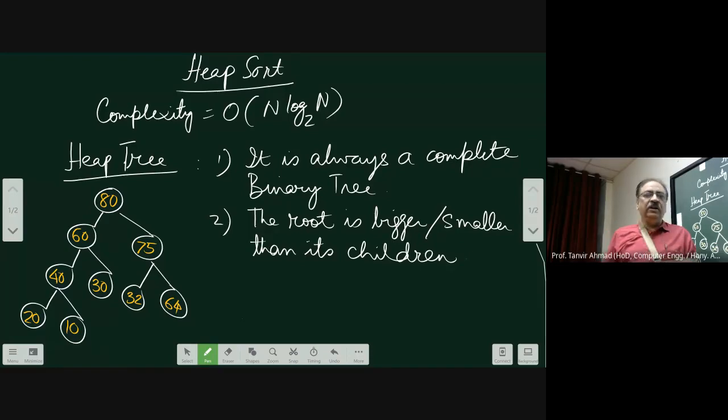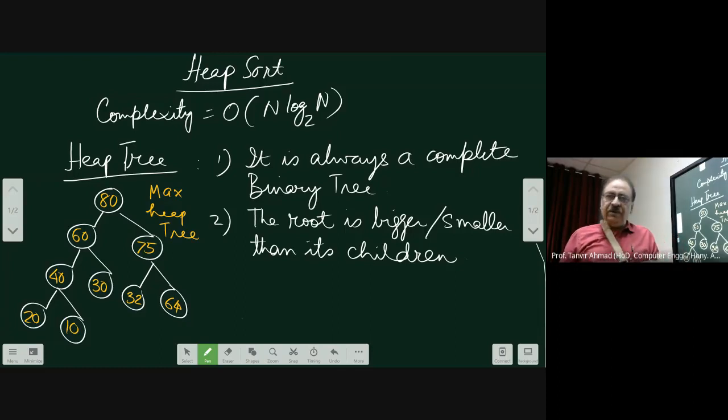Now this tree is a max heap. If the root would have been smaller, it would have been called a min heap tree. Now that is the basic difference between a max heap and a min heap.